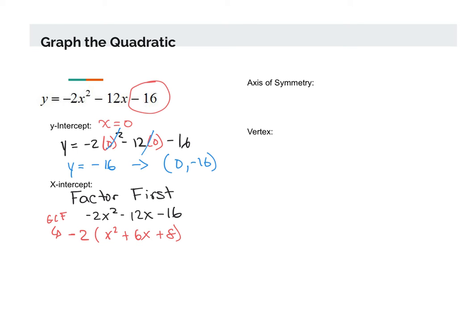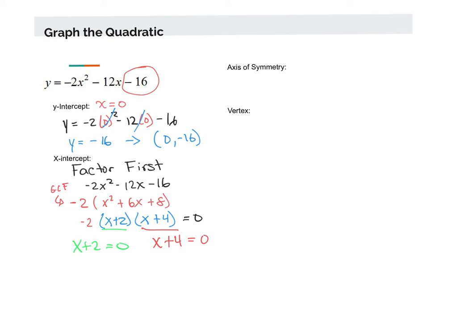And then once I use my magic x, I'm going to end up with the factors (x + 2) and (x + 4). Once you have your factors, you're going to set each expression equal to 0 individually.